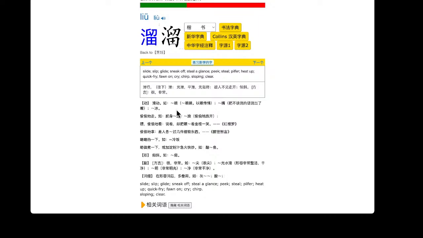It's also sometimes used after an adjective to emphasize it, like 灰溜溜, 酸溜溜, to emphasize whatever adjective is in front. Okay, so let's take a look at it.